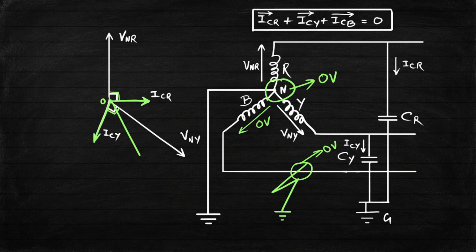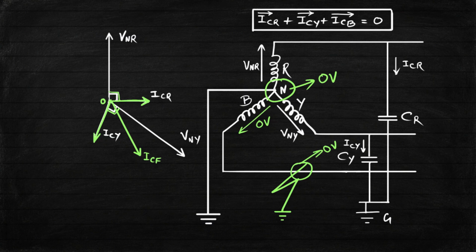Now let us take the vector sum of these two charging currents. The resultant current is represented by ICF. In other words, ICF is the vector sum of ICR and ICY. Now let us represent this current in the circuit. Through the earth, this charging current flows towards the fault point.